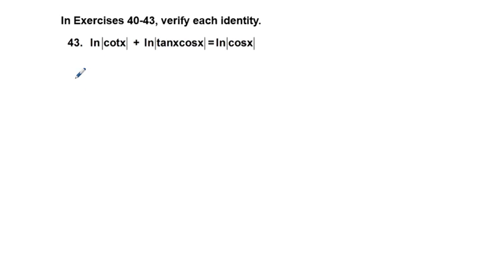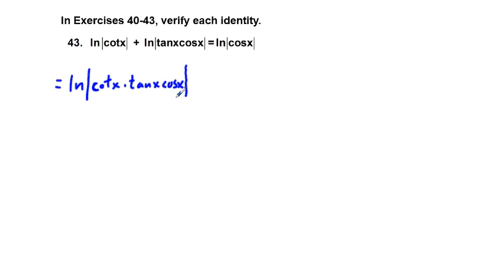And so we can take this ln, natural logarithm of cotangent x, and I'm just going to go ahead and make the absolute value bracket here. We have cotangent x times tangent x cosine x. So this is just using the logarithmic property to make a single logarithm out of the sum of two logarithms.